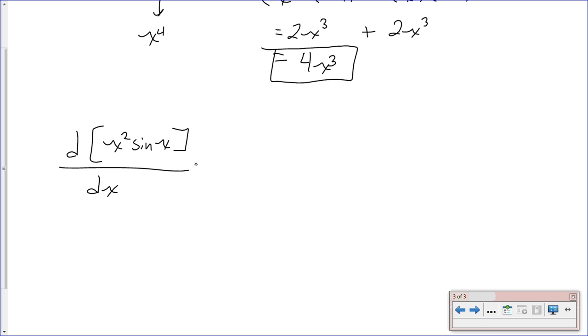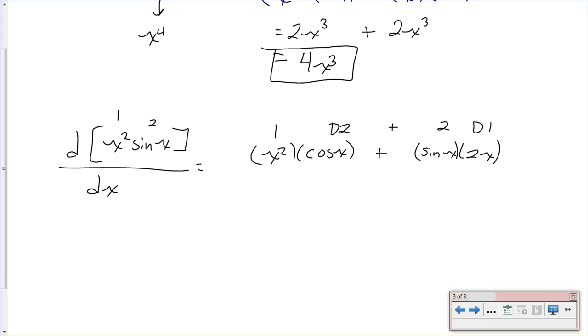So what is this? Well, x squared is your first function, sine x is your second function. So if you remember, 1d2 plus 2d1, so x squared times the derivative of sine, which is cosine, hopefully you said cosine, plus the second, which is sine x, times the derivative of the first one, which is 2x.